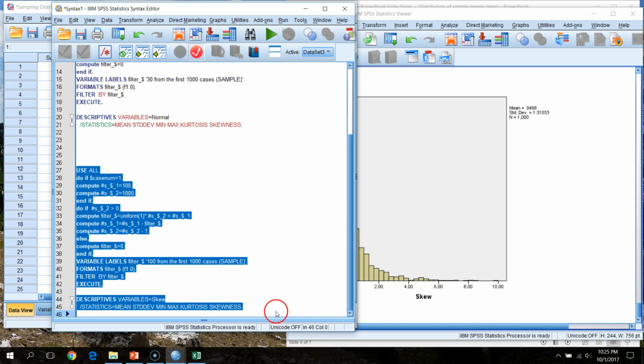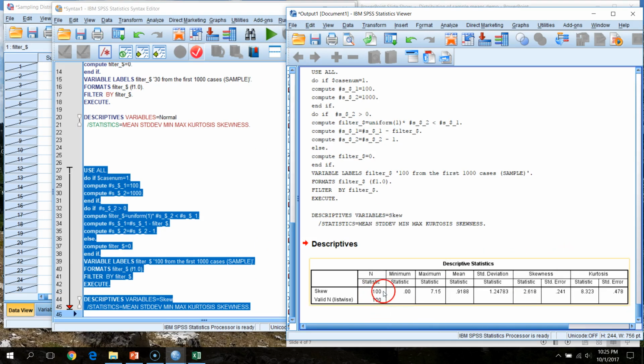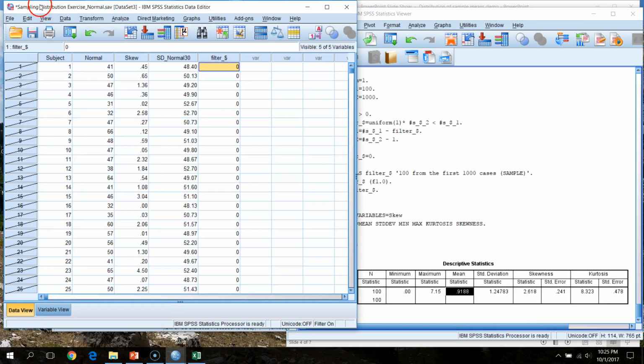Okay, so we're going to highlight this, run, and we see that our first sample of 100 has a mean value of 0.918. And we still have a lot of skew and a lot of kurtosis in that sample.